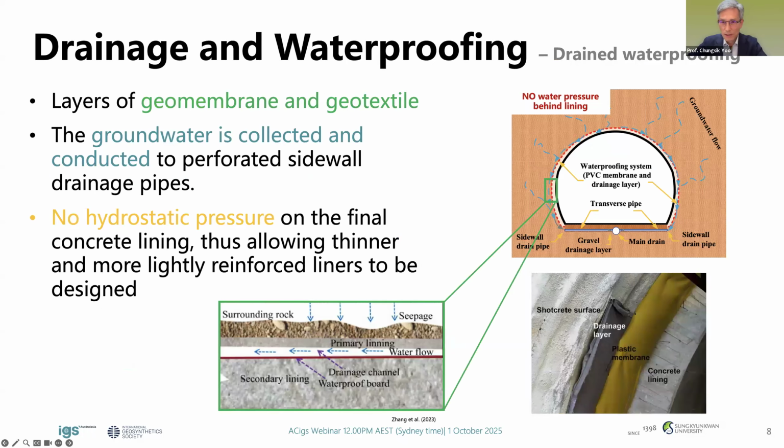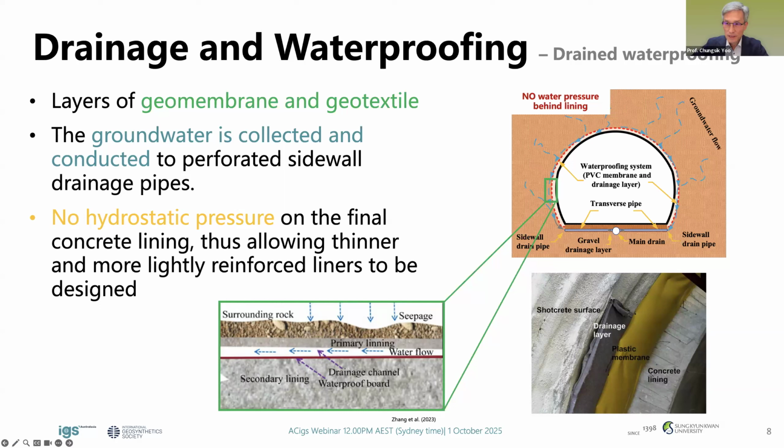Okay, let's talk about the drained waterproofing system. So before placing the final concrete lining, now you can see the shotcrete area, drainage layer, the membrane, and so on. So this is the concrete lining. After installation of the membrane, we install the concrete lining that can be 30 centimeters or 50 centimeters, depending on the ground condition. Okay.